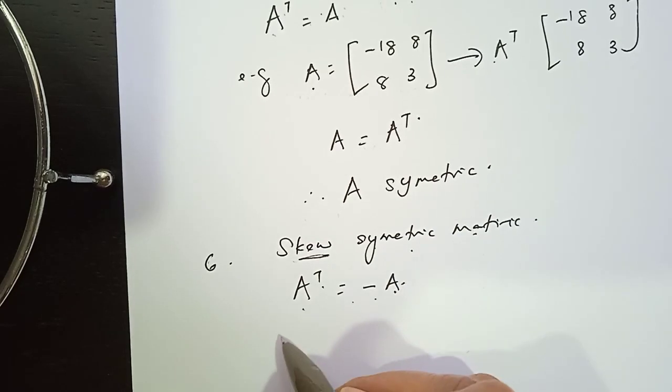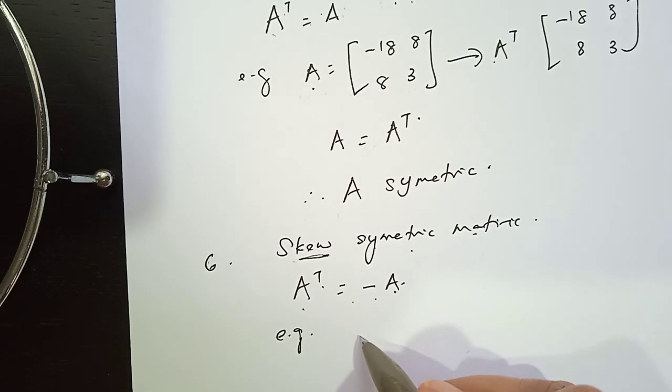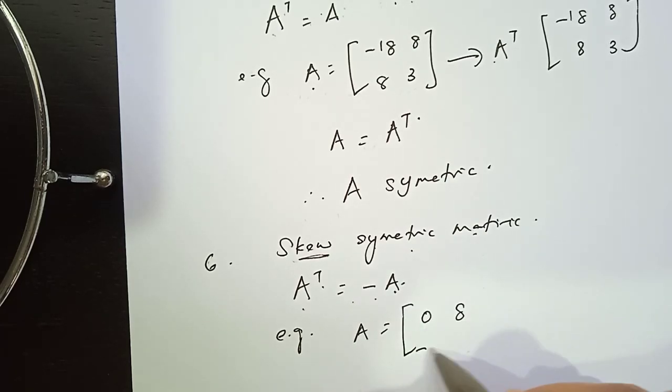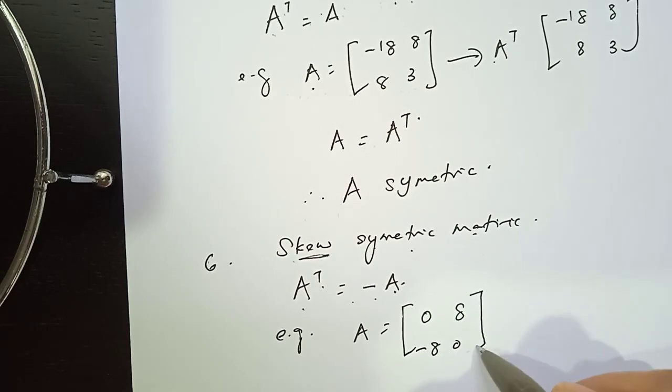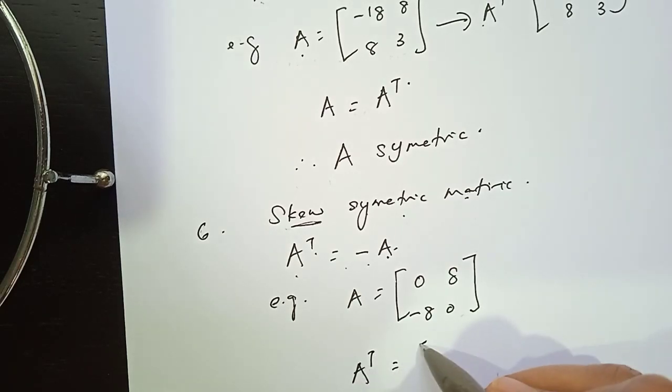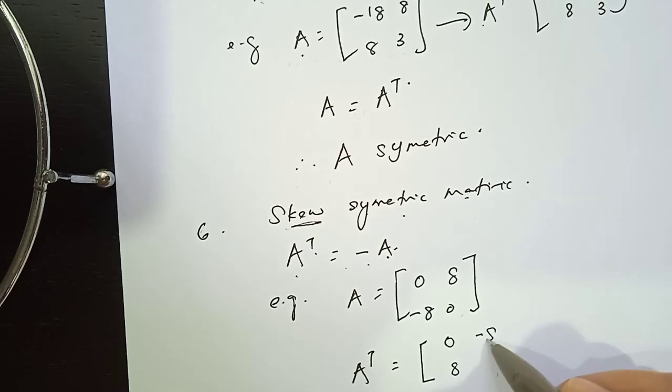Okay, example. Let's say A is 0, 8, -8, 0. Now we find A transpose. A transpose is 0, -8, 8, 0.